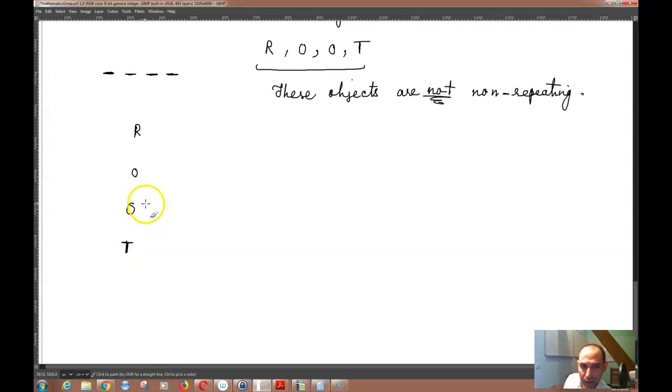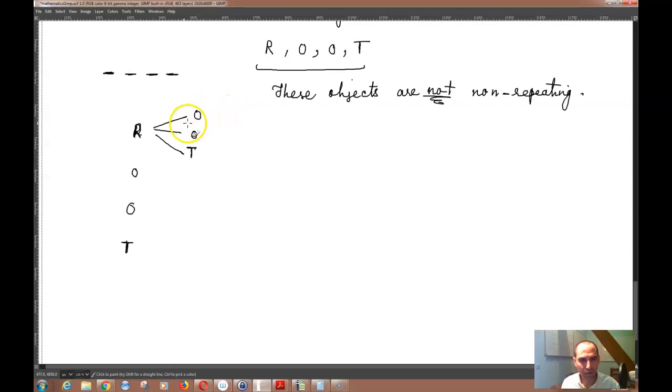Now the problem is that you have already repeated your O over here. Suppose you have your R over here, and then after R you have three choices. You could choose an O, an O over here, and a T over here.